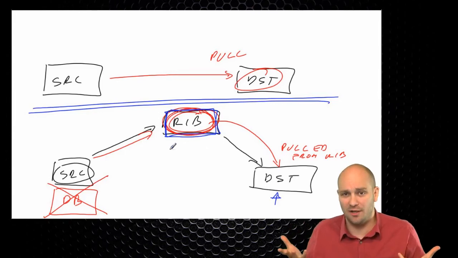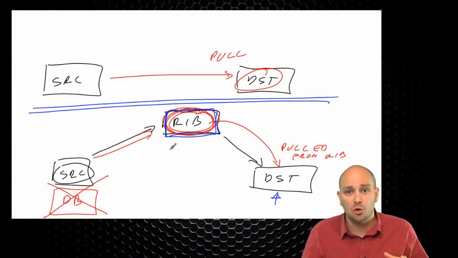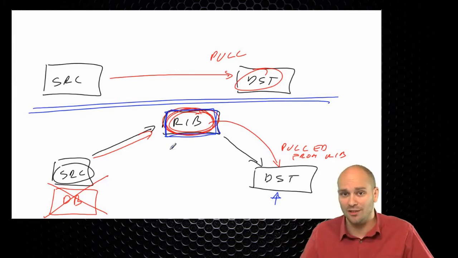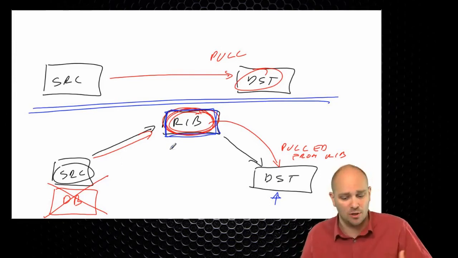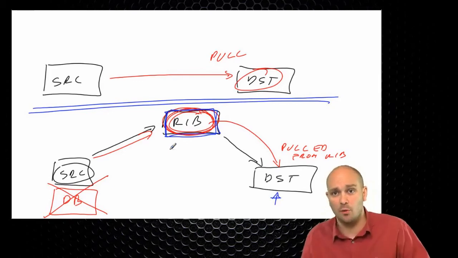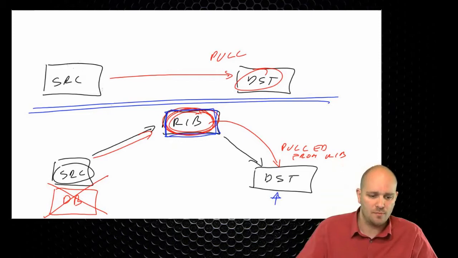Because it doesn't matter that it's in EIGRP table. What matters is, was it installed in the routing table by EIGRP? If it wasn't installed by EIGRP into the routing table, it will not be redistributed into OSPF, because what is in the routing table may be coming from some other source. So that's number one thing to remember.